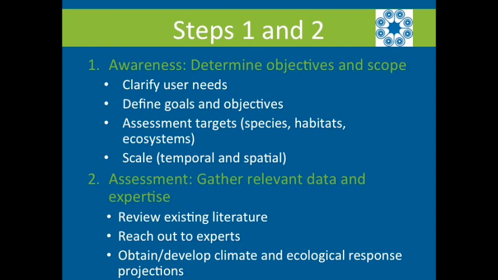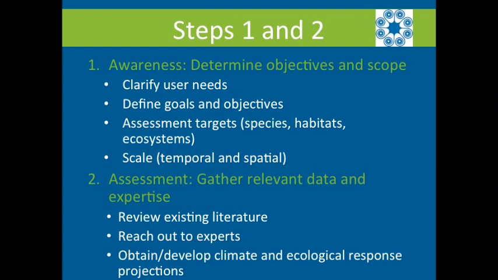So the first part is this awareness step. I'm going to talk about an adaptation ladder of engagement that EcoAdapt uses, but it starts with this awareness step, which is really the Houston, we've had a problem step, but more specifically figuring out what that problem is relevant to.